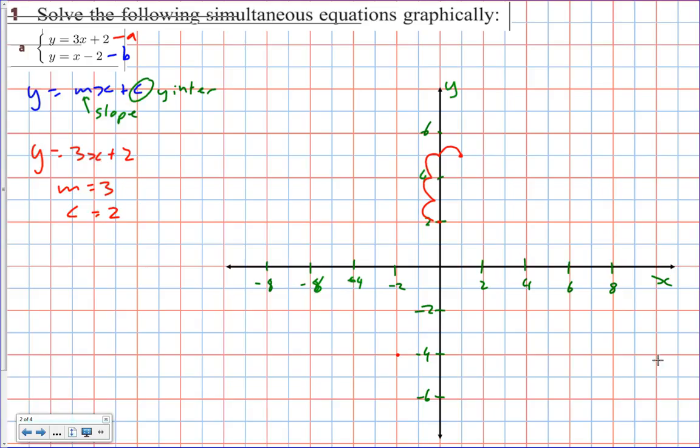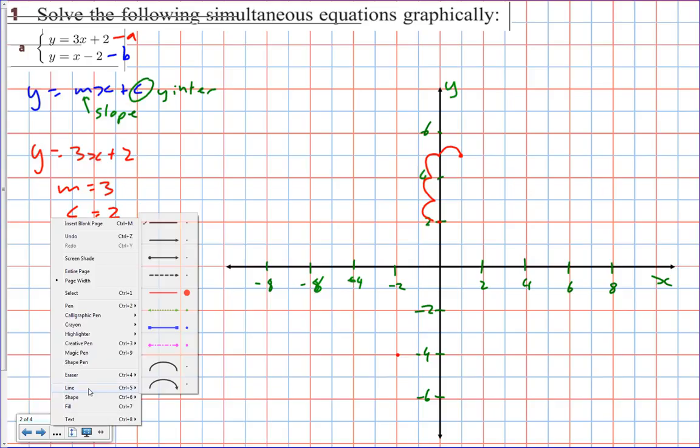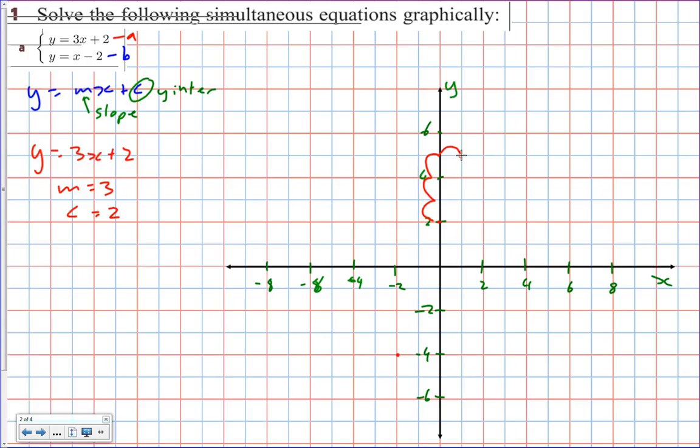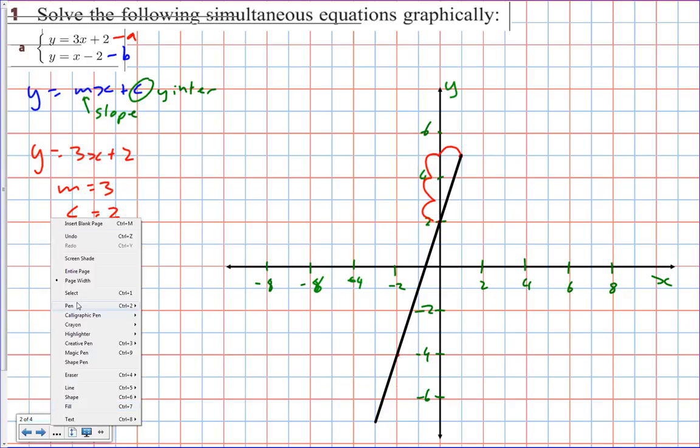Now we grab our line, and we want to draw a nice line that joins those two dots together. Yep, done that. It's nice.